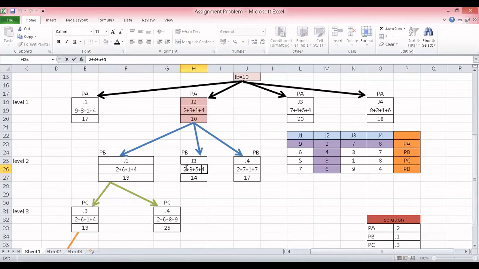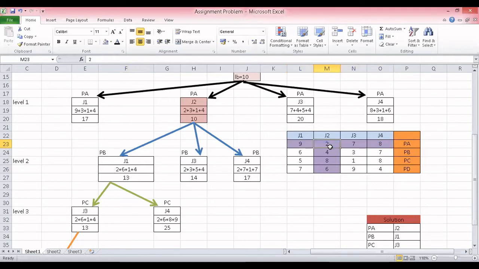Why? This is the cost of doing job 2 by person A, which I have assigned. So I am not going to change that. That is why I have highlighted the chart with a purple color.